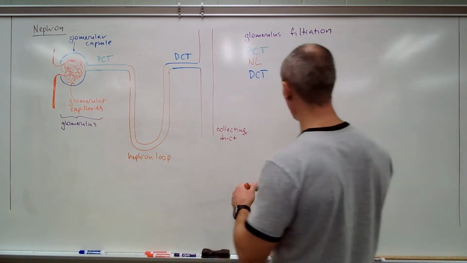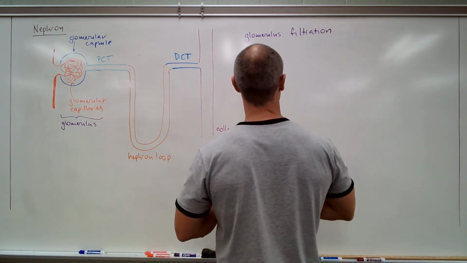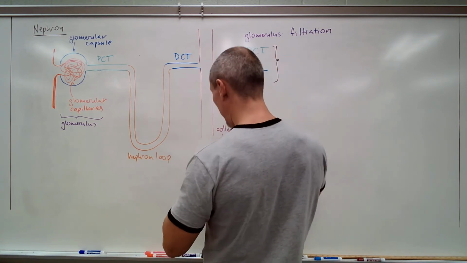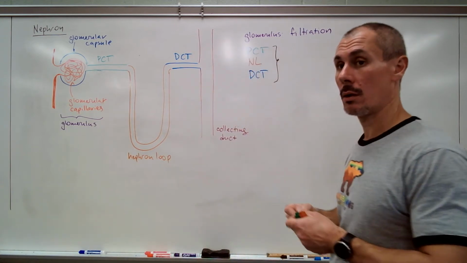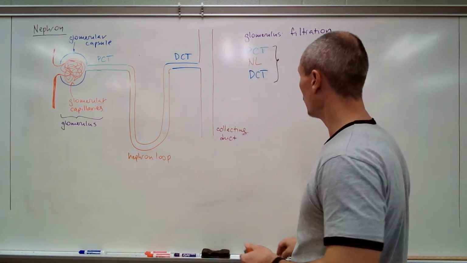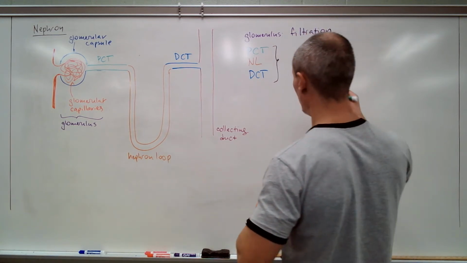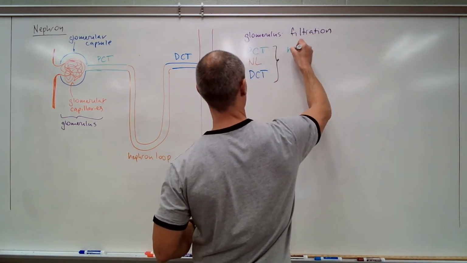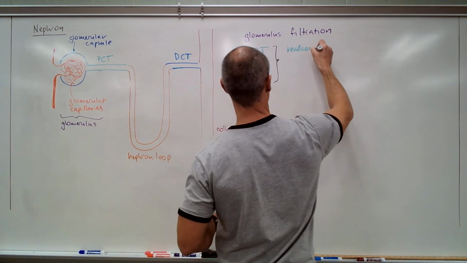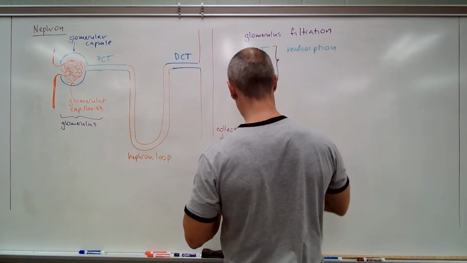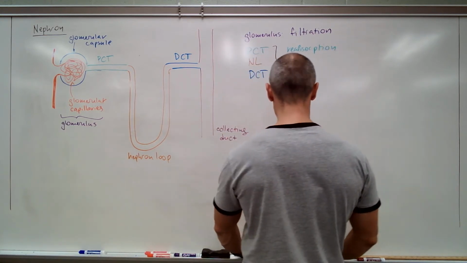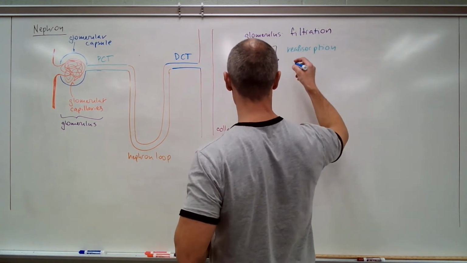I'm going to explain what it is. Reabsorption occurs mostly in the proximal convoluted tubule. And secretion occurs mostly in the distal convoluted tubule.